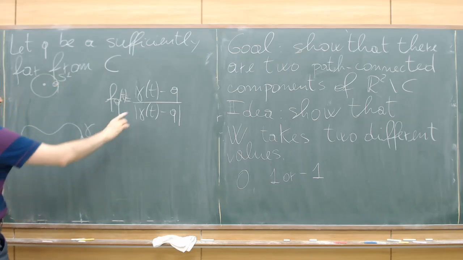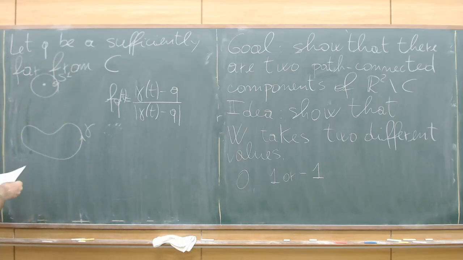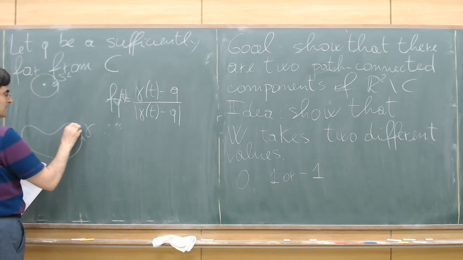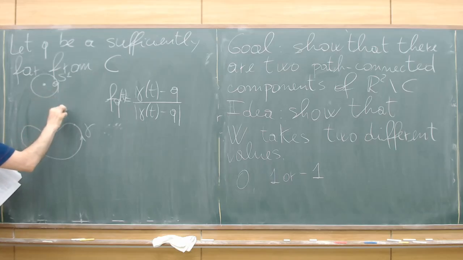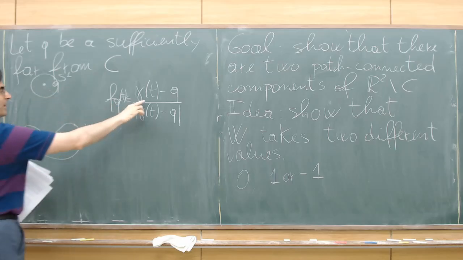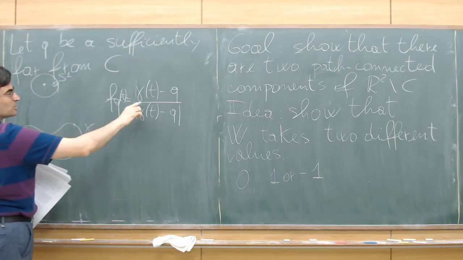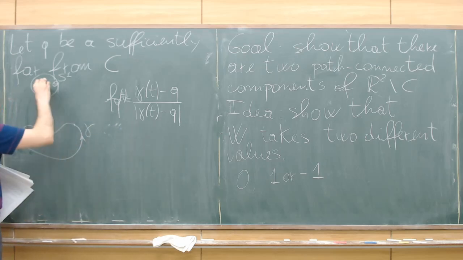And gamma t minus q is a vector pointing from q to gamma t. So if, for example, gamma t is this one, then the numerator gamma t minus q is this vector, but since I am dividing by its length, in the end what I get is this vector here.